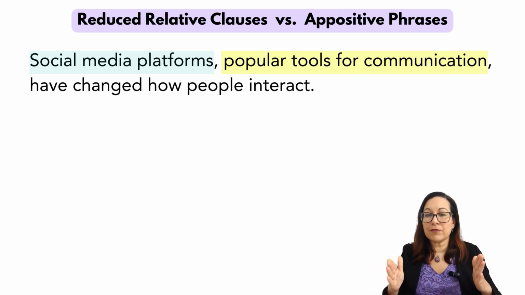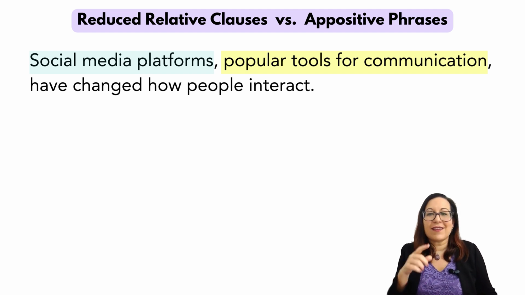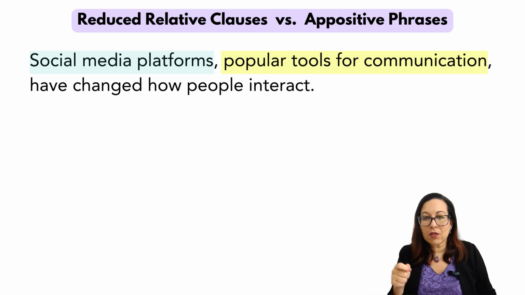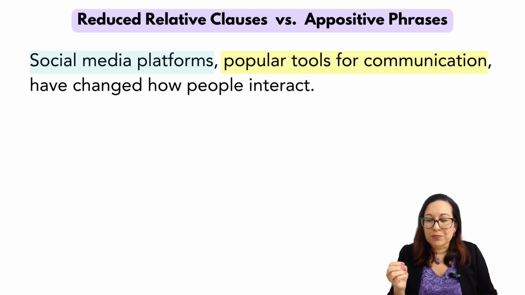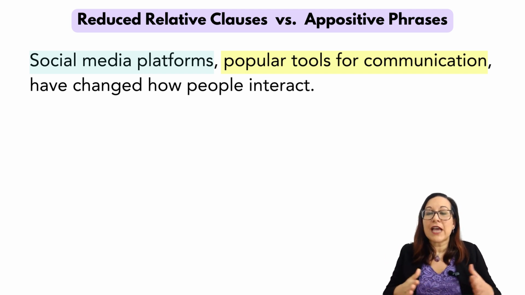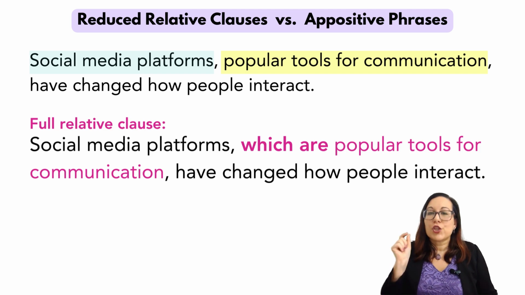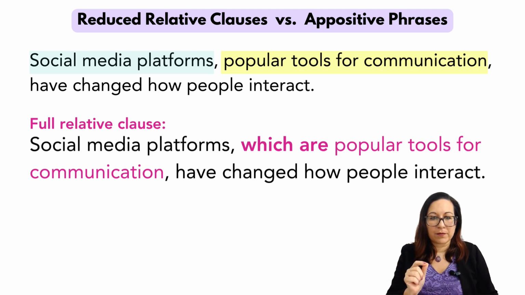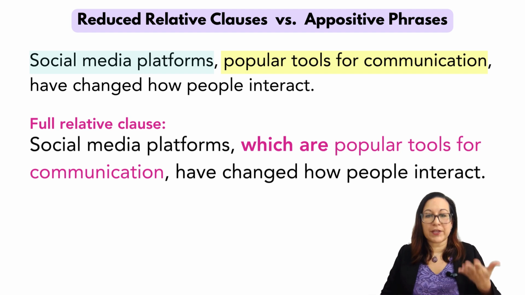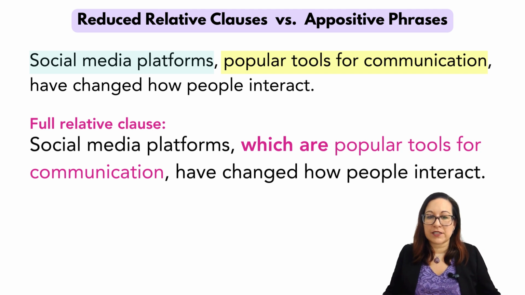But I know some of you are thinking, well, wait a minute, isn't this a reduced relative clause? Well, yes and no. So we could definitely say social media platforms, which are popular tools for communication, have changed how people interact.